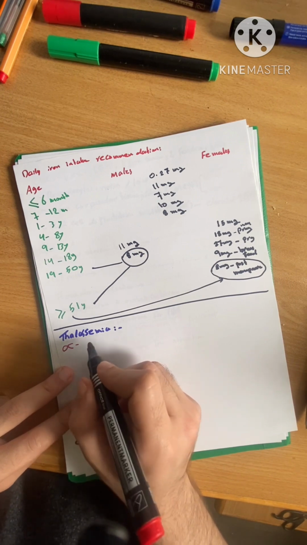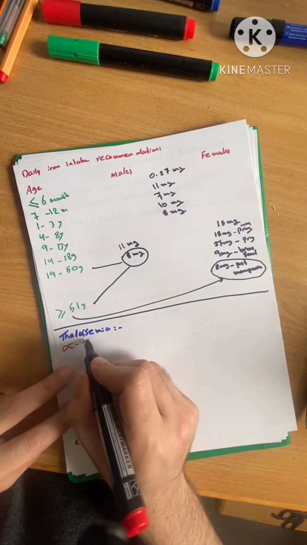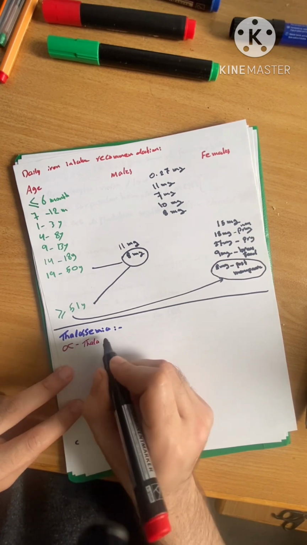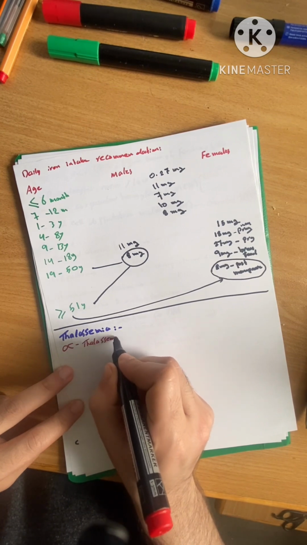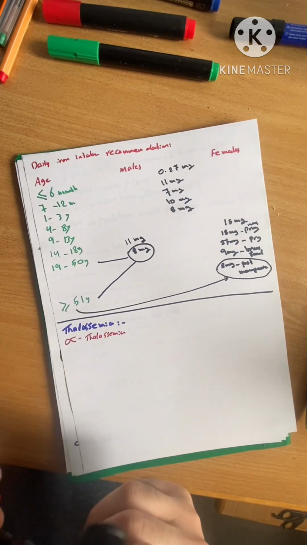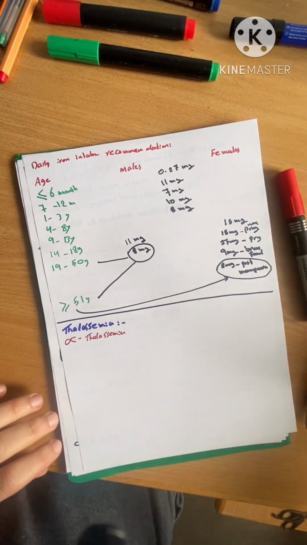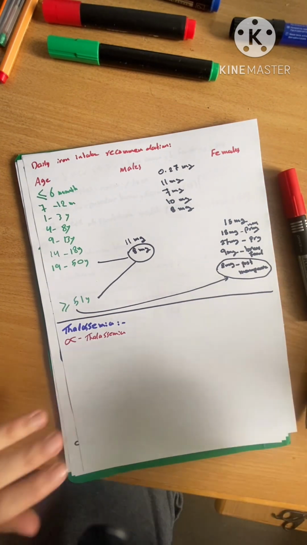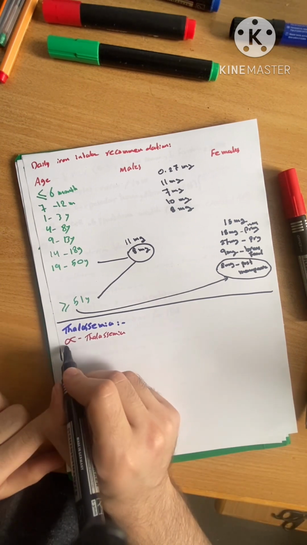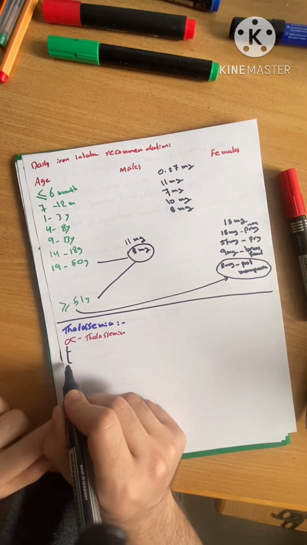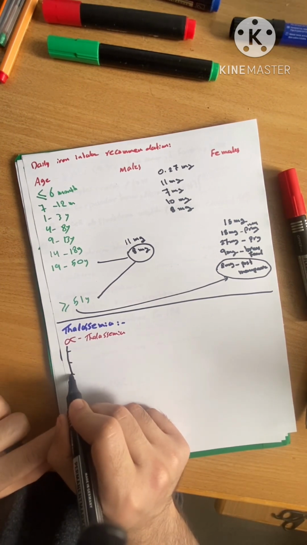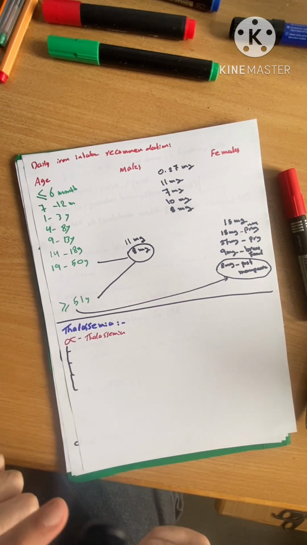It's hereditary, as we said. We are having 4 degrees of alpha thalassemia. Let me say 1, 2, 3, and 4.